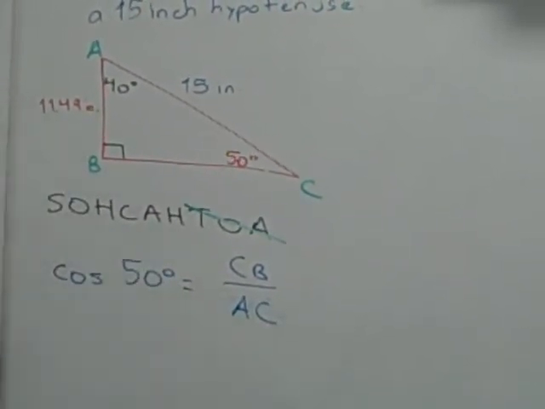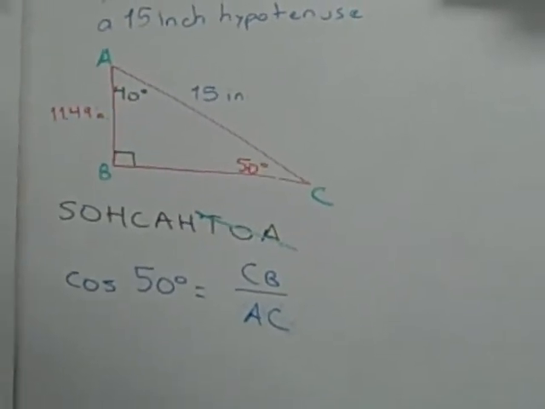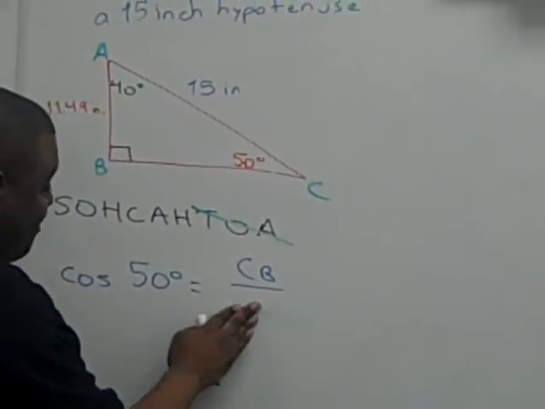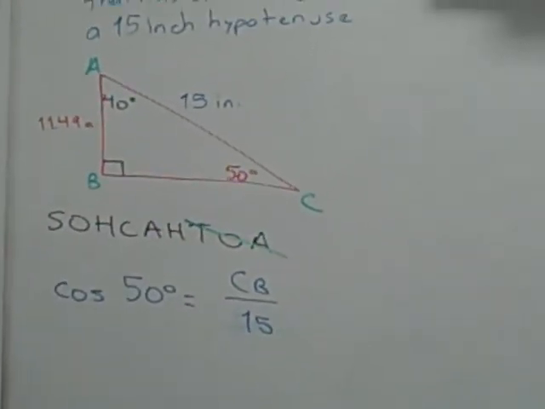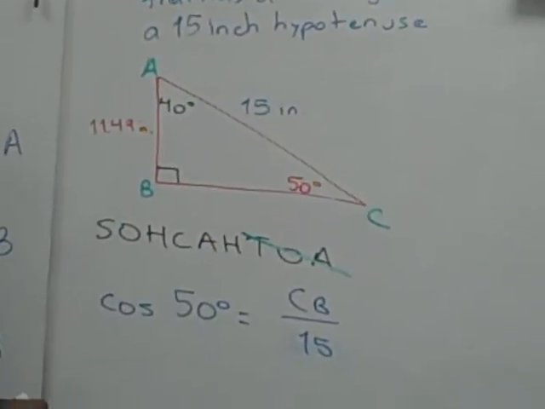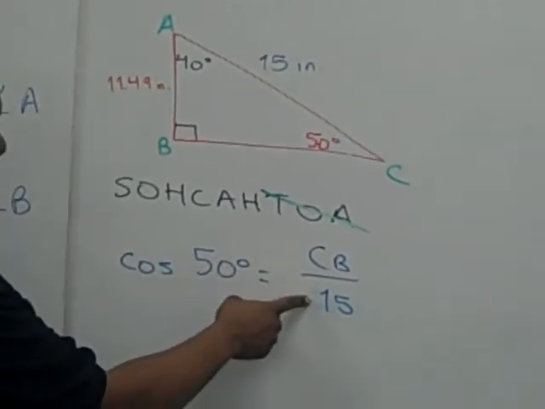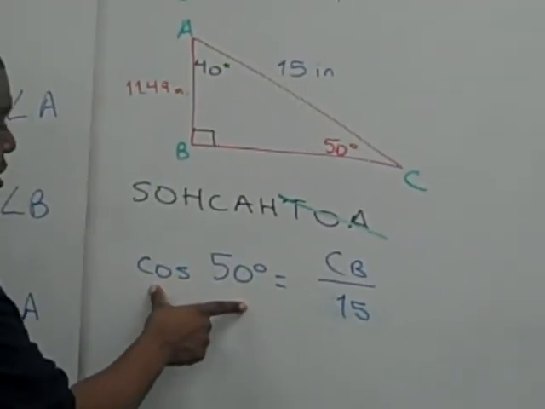But I don't have to write the AC. I was right the first time. Just write 15, because 15 is my hypotenuse. All right? So we have CB over 15 equals the cosine of 50 degrees.